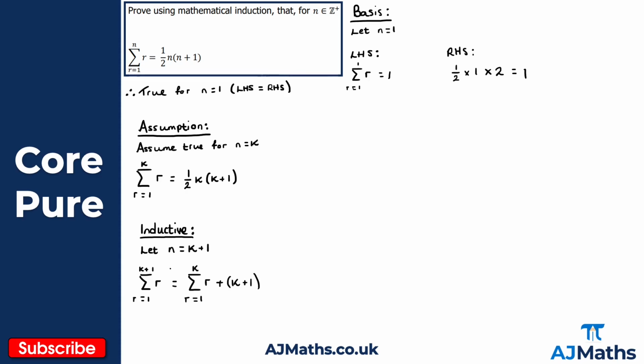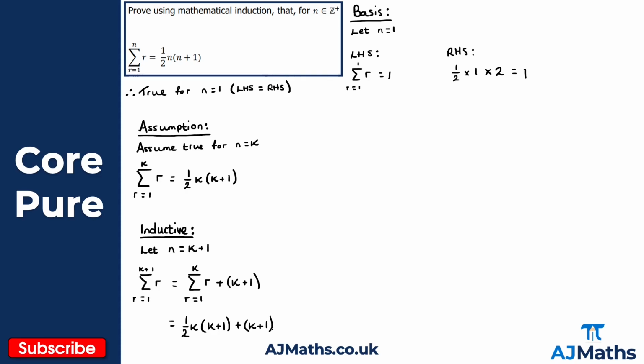Now we know what the summation of r is, from r equals 1 to k. We said that that's equal to a half k times k plus 1. So underneath here, we get half k times k plus 1. And don't forget the final k plus 1, so plus k plus 1.